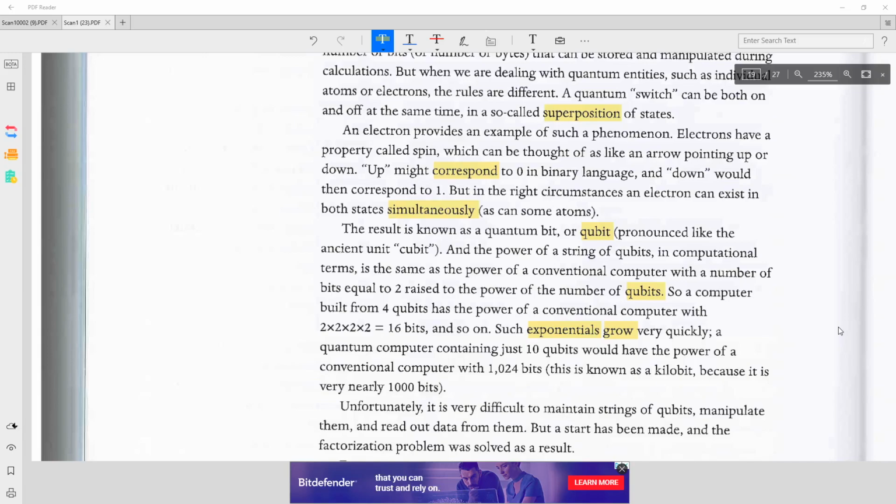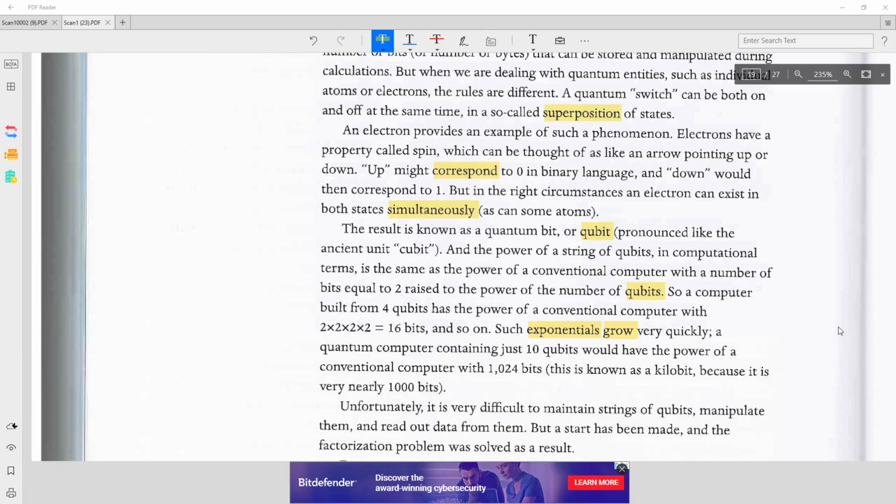Electrons have a property called spin, which can be thought of as like an arrow pointing up or down. Up might correspond to 0 in binary language, and down would then correspond to 1. But in the right circumstances, an electron can exist in both states simultaneously, as can some atoms.